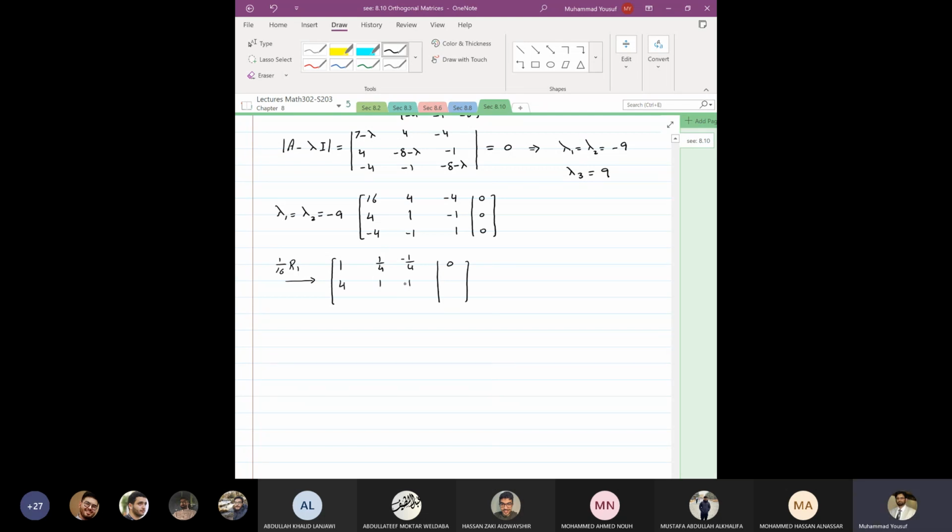Then 4, 1, negative 1, 0, and negative 4, negative 1, 1, 0. Now add negative 4 times row 1 to row 2 and positive 4 times row 1 to row 3.